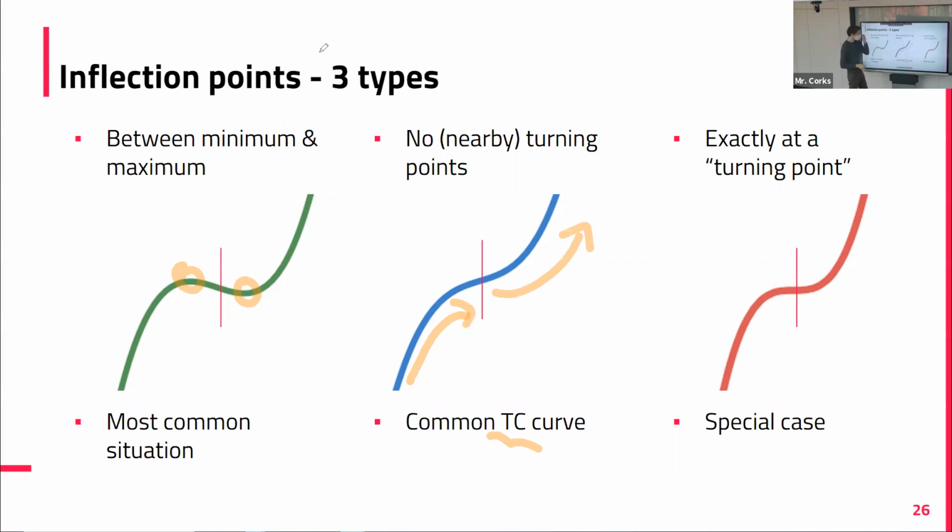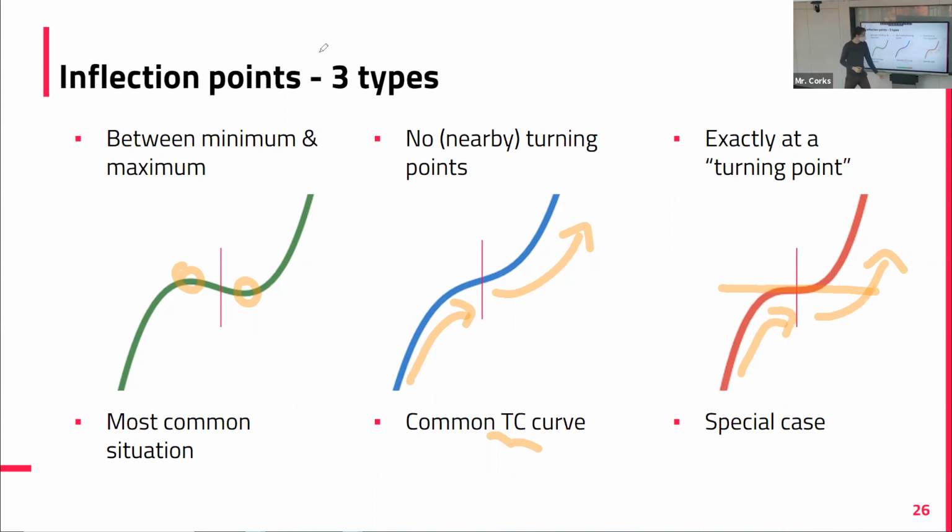And the third type is our special case where our slope goes exactly flat. We've been talking about this case a few times already. Curving up, curving down, curving up like this. But our slope is going exactly flat at that point. So these are the three basic scenarios that we should be looking out for.